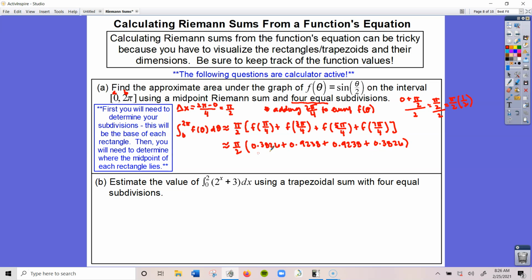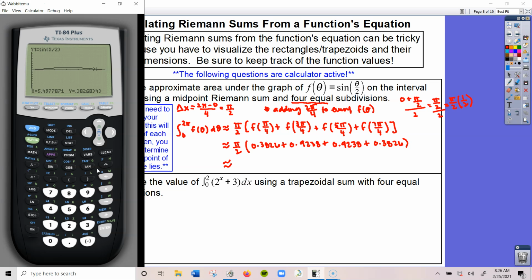So now I'm going to add all of this together and then multiply by pi over 2 to get our final answer. So let's go ahead and do that. I'm going to just quit here.